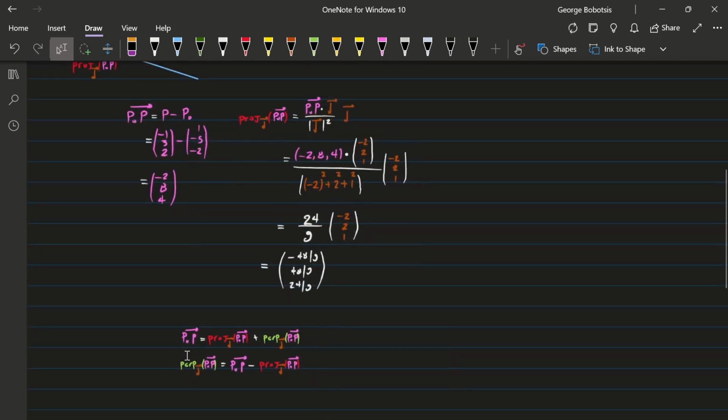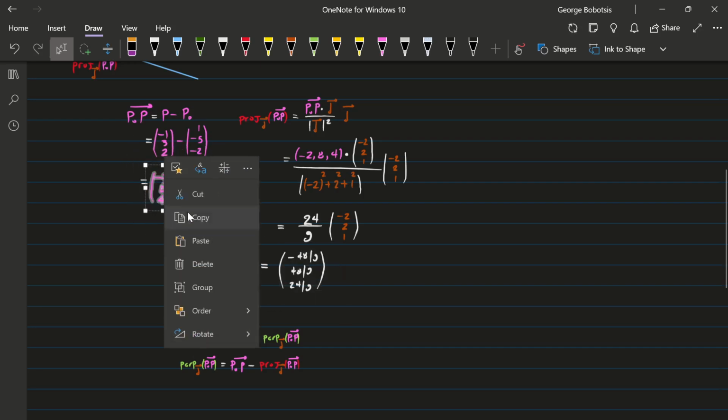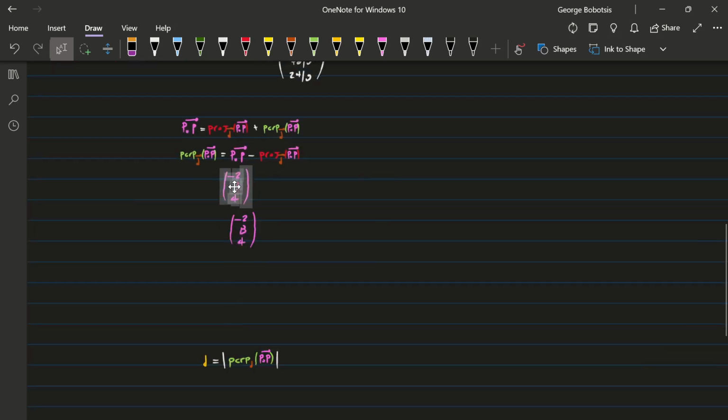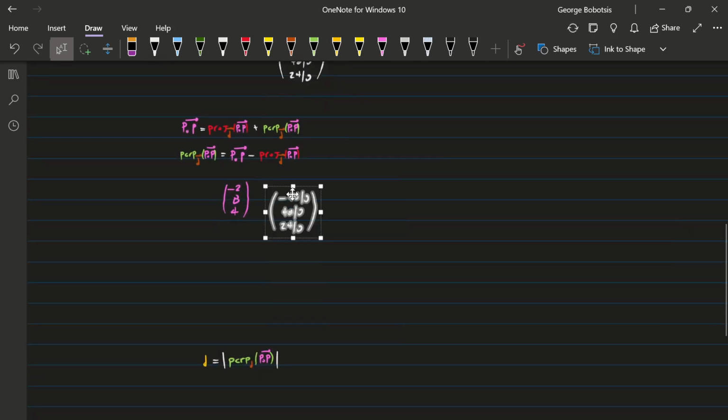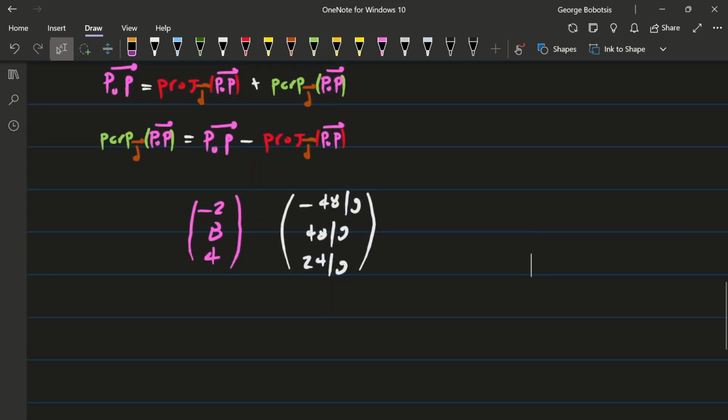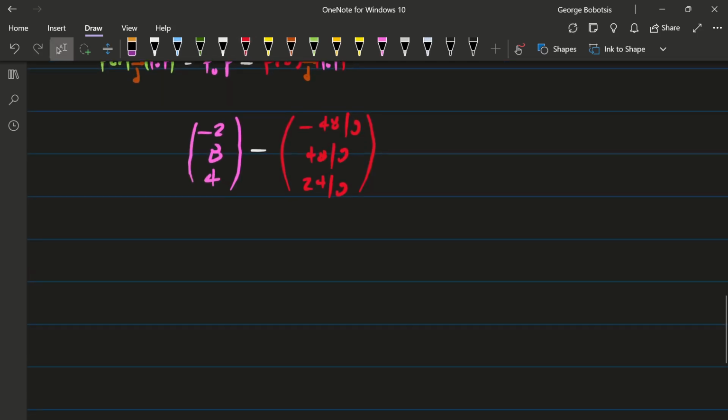So to get the perpendicular, we've got to get the P naught P and subtract this projection. Let's get it done. Really quickly, it's just numbers. Boom, boom. All right, take it away. Let's make this red so it stands out with projection. You've got to make everything base 9 here, unfortunately, for this to work.